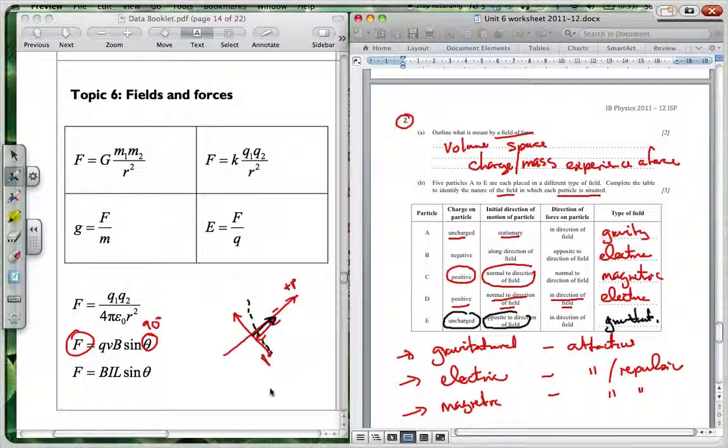Perhaps you've got the Earth here, for instance, and a rocket that is being sent out in that direction. That's the direction, but still it will experience a force backwards towards the Earth. So opposite direction of the initial motion, and in the direction of the field, it's gravitational.